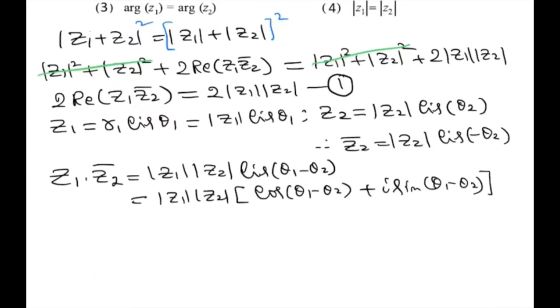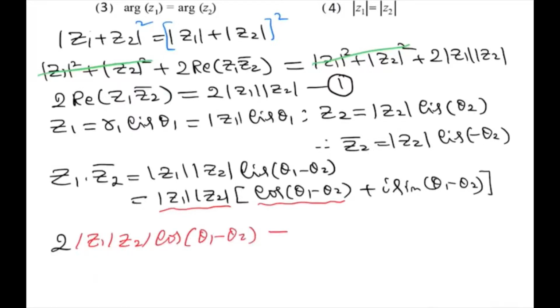You get 2 times, now the real part is only this part, that is mod z1 mod z2 times cos of theta 1 minus theta 2. Mod z1 into mod z2 cos of theta 1 minus theta 2, that is equal to 2 times mod z1 into mod z2. On either side, these terms get cancelled, mod z1, mod z2 and 2.